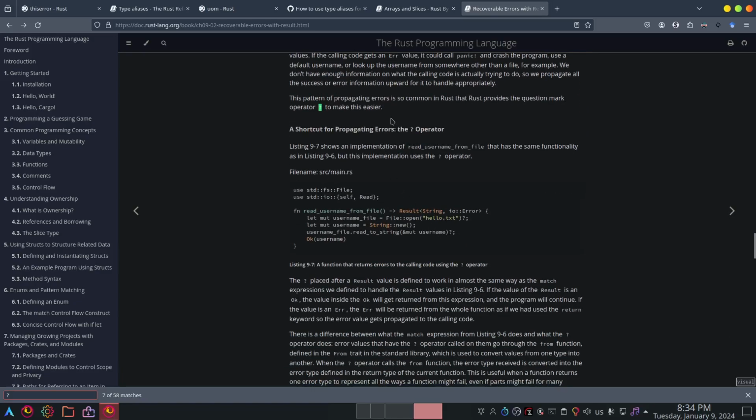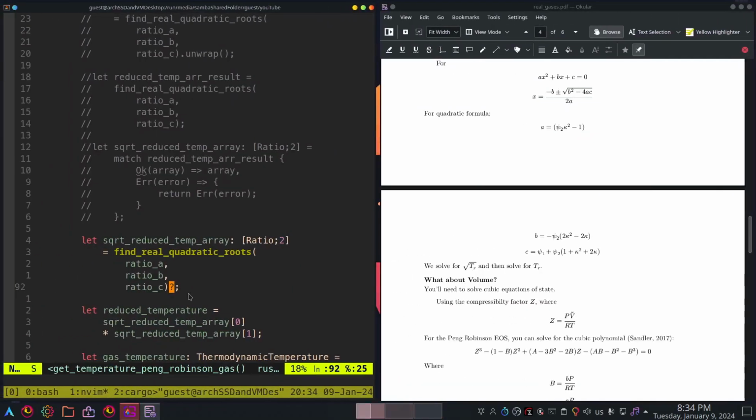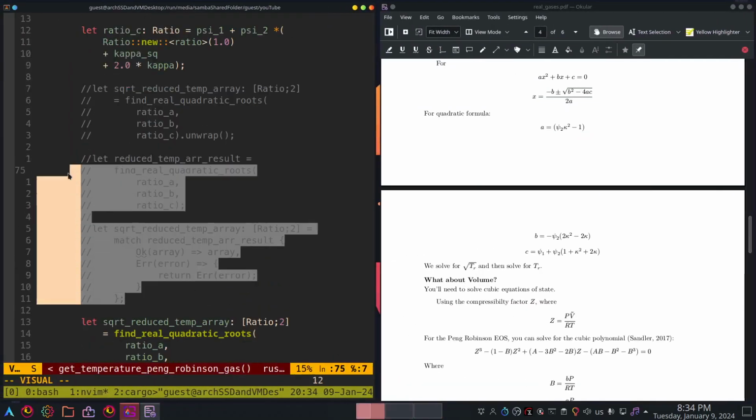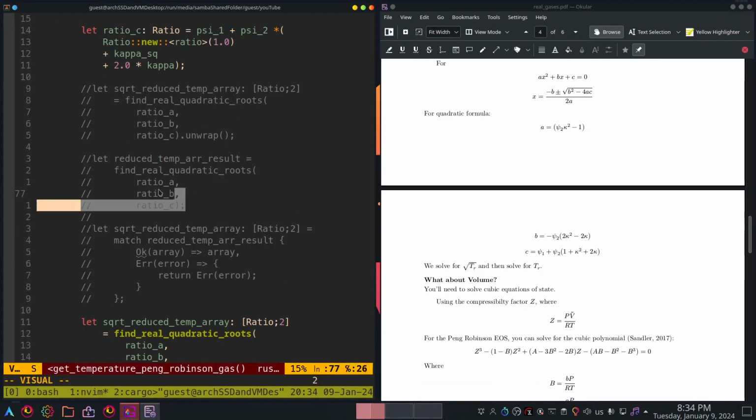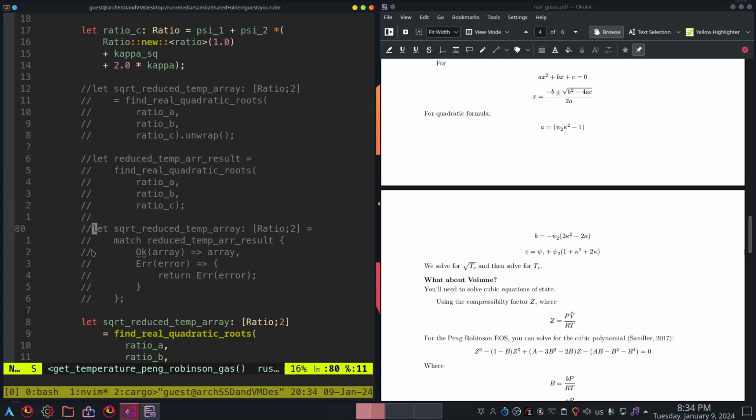Yes, a shortcut to propagating errors, the question mark operator. So this is the question mark operator, which actually propagates the error. When we talk about propagating error, it's basically this bit here. We get the result out first. Before we even continue, we match this result first, using a match statement.